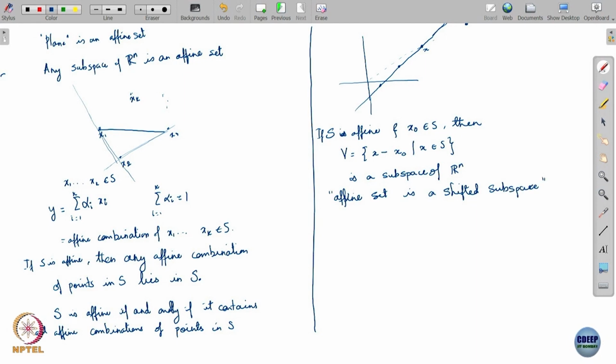Now, if it is a shifted subspace, that also tells you something. A subspace can always be given by the null space of some matrix, right.